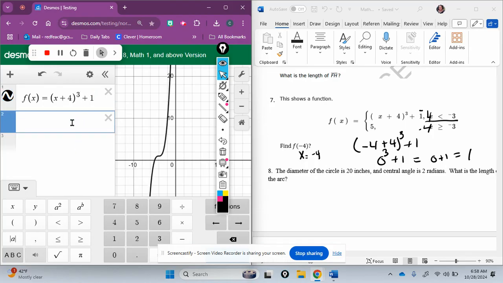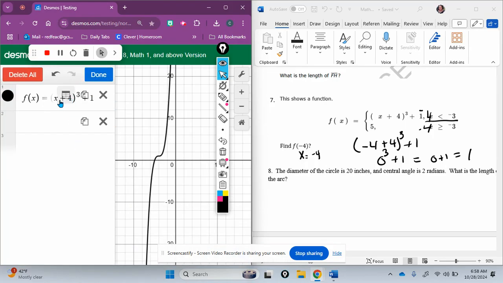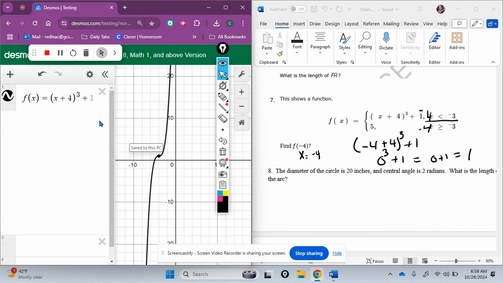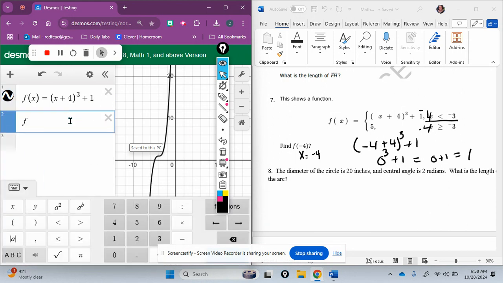Okay, and you have your function, and you can go to the table and type in -4. Why is it hitting divide? Sorry, y'all. -4, and you get 1. Or you can just do f of -4, and you still get your 1. Okay, 3 ways to get your answer.